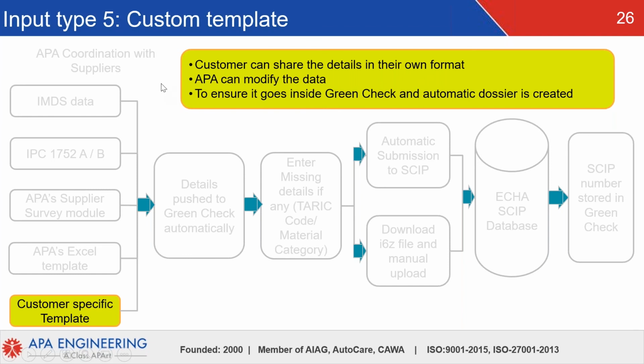APA will study that, modify the data, and map the respective attributes to Green Check to ensure all this data goes in and dossiers are created. So regardless of data format, APA Green Check can create the dossiers automatically.